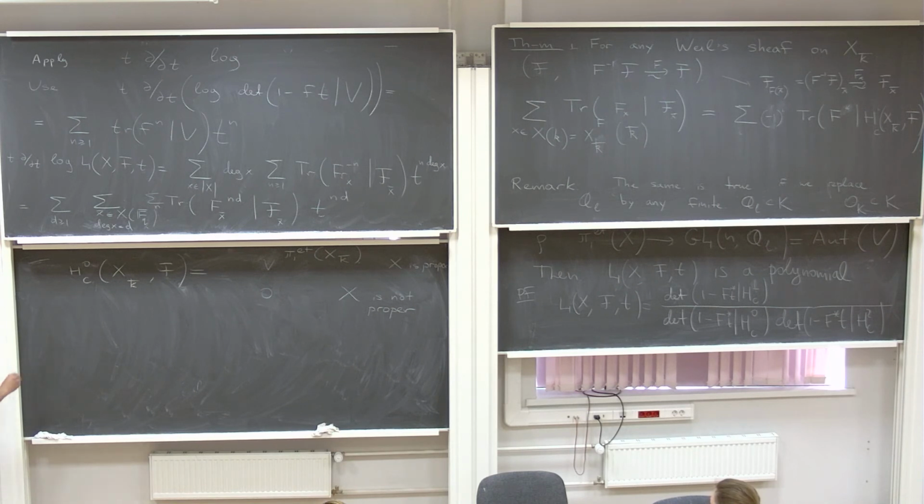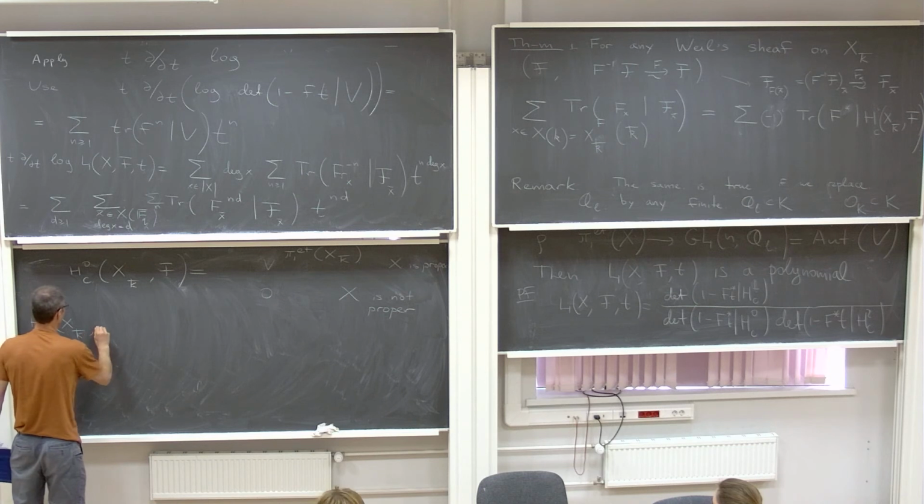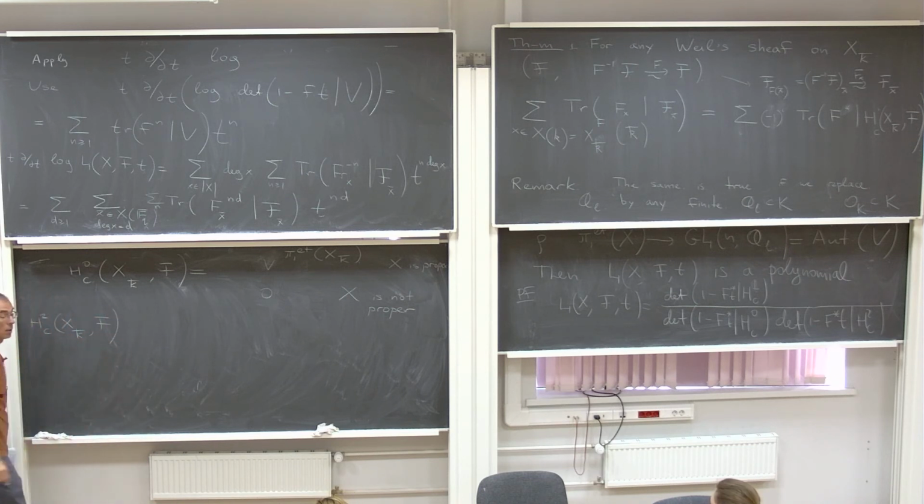Okay? So now what is H2 with compact support? Well, we had Poincaré duality last time.